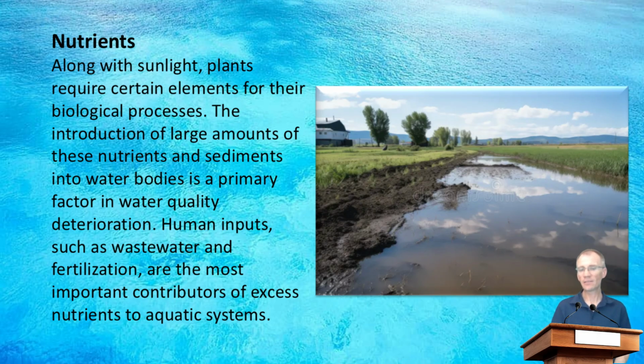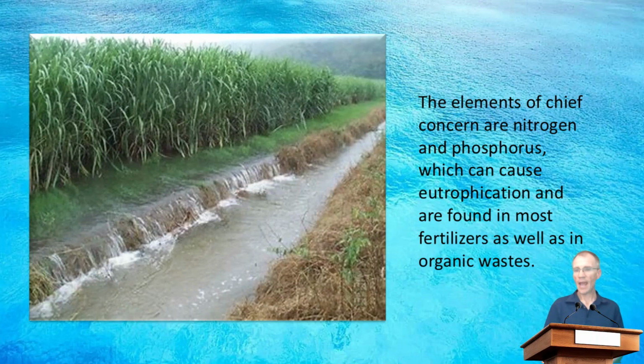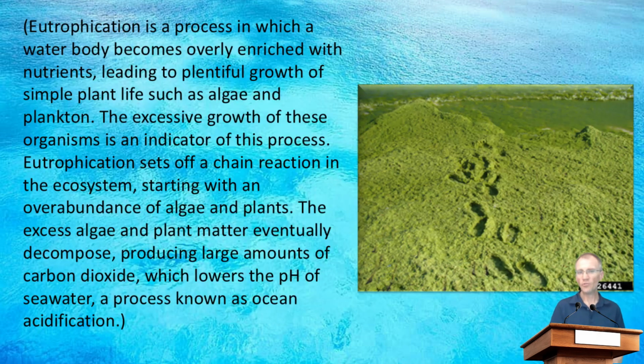Human inputs, such as wastewater and fertilization, are the most important contributors of excess nutrients to aquatic systems. The elements of chief concern are nitrogen and phosphorus, which can cause eutrophication and are found in most fertilizers as well as in organic waste.